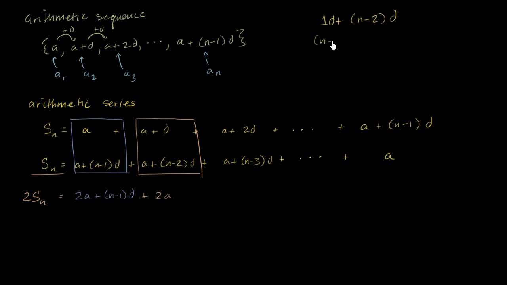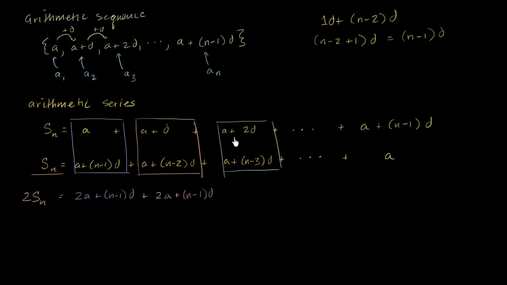So this is going to be n minus 2 plus 1 times d, which is equal to n minus 1 times d. So this second term also becomes 2a plus n minus 1 times d. Now let's add the third term. I'll do it in green, or the third terms, I should say.